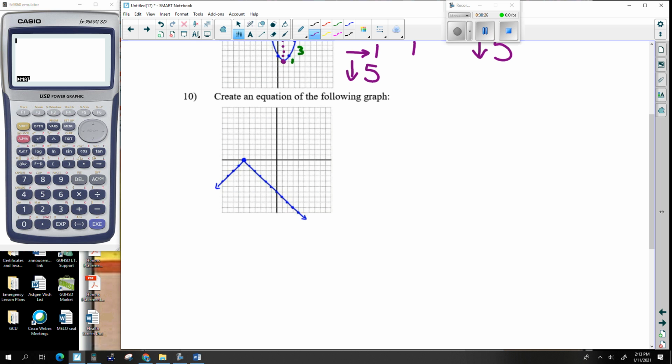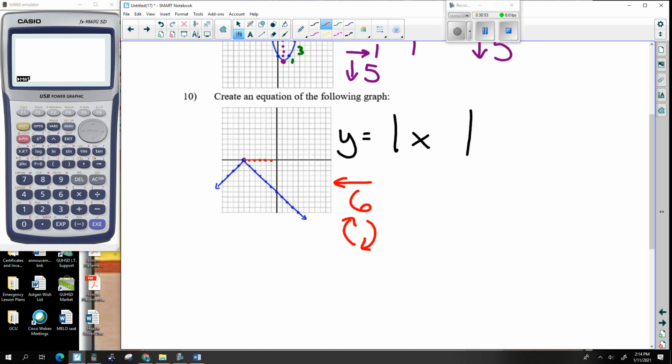All right, so this is an absolute value. Okay, this is an absolute value, but what is done to it? All right, I see that this is left 1, 2, 3, 4, 5, 6. So it went left 6, and notice how it got flip-flopped. Okay, it's supposed to look like a V, but this one doesn't look like a V. It looks like an A, so it got flipped.